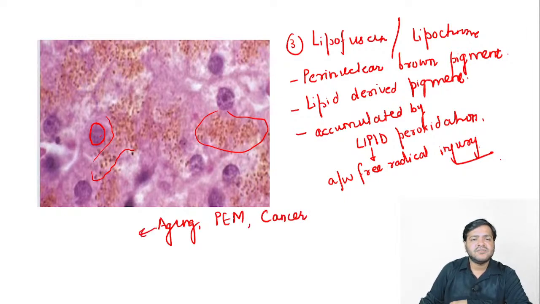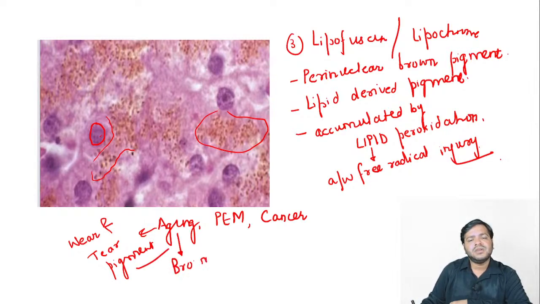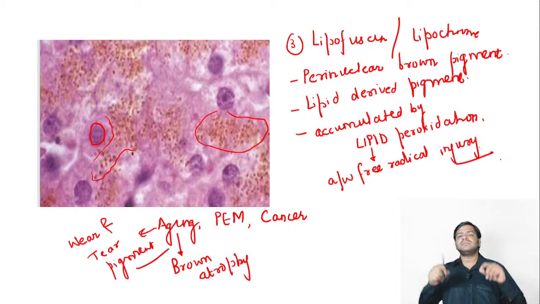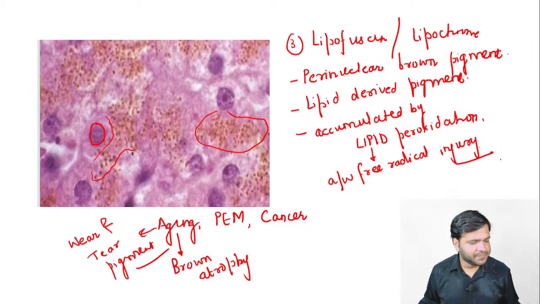In aging, we also call it as wear and tear pigment, associated with old age, brown atrophy. It is classically called brown atrophy because around the nucleus you will see these brown pigments.